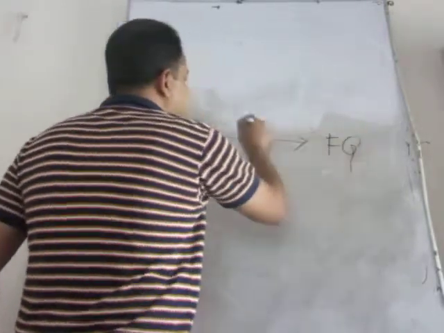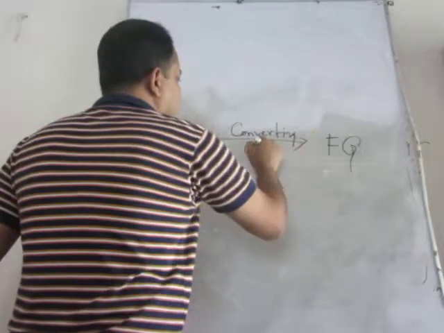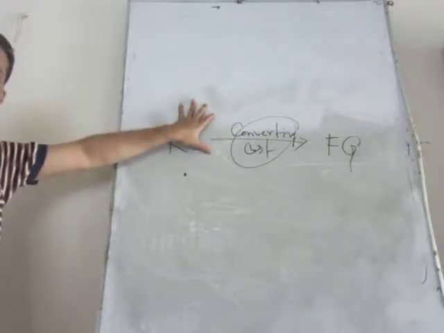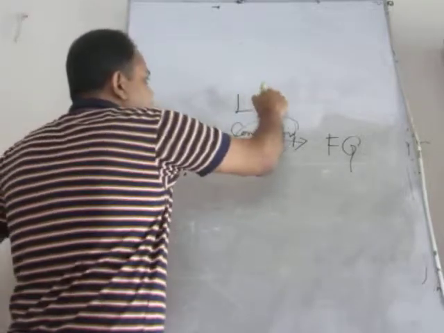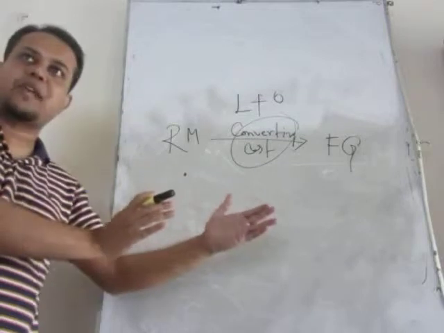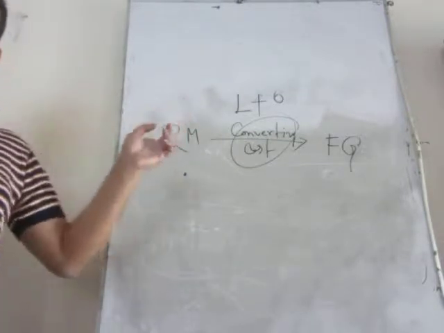So what will be the conversion cost? You already have raw material. To convert this, you need labor and other expenses. So except material, the cost required to convert the material, that is conversion cost.